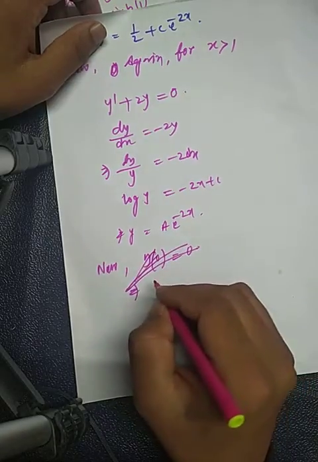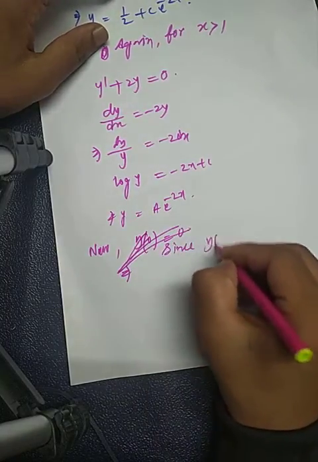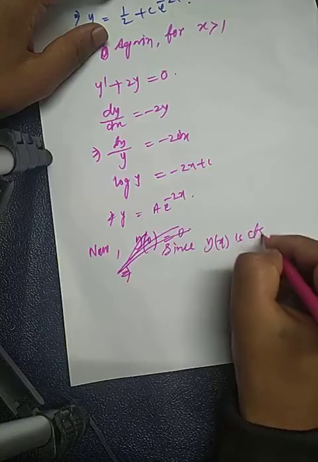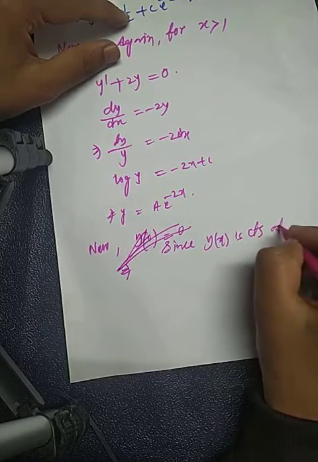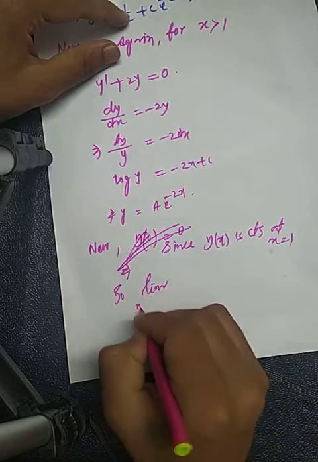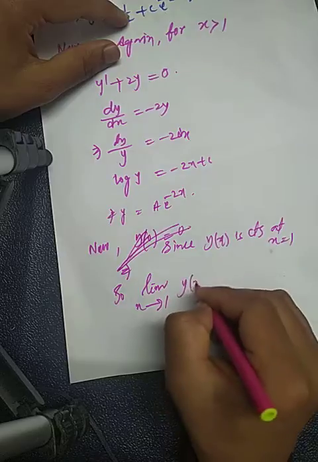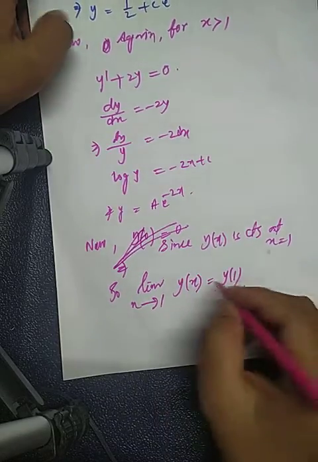Now since y is continuous at x equals 1, the limit as x tends to 1 of y of x is equal to y of 1. This must be true.